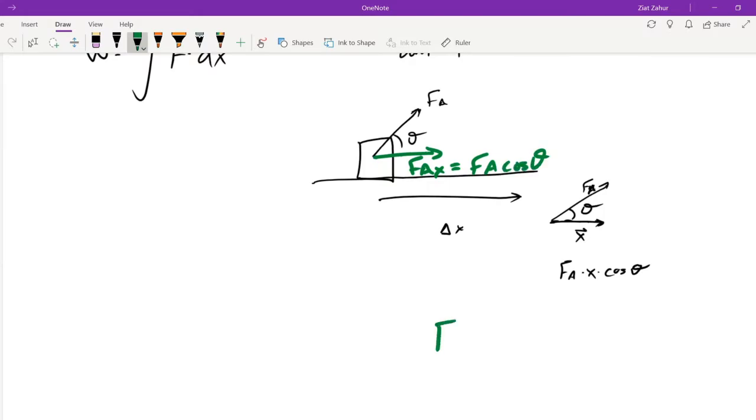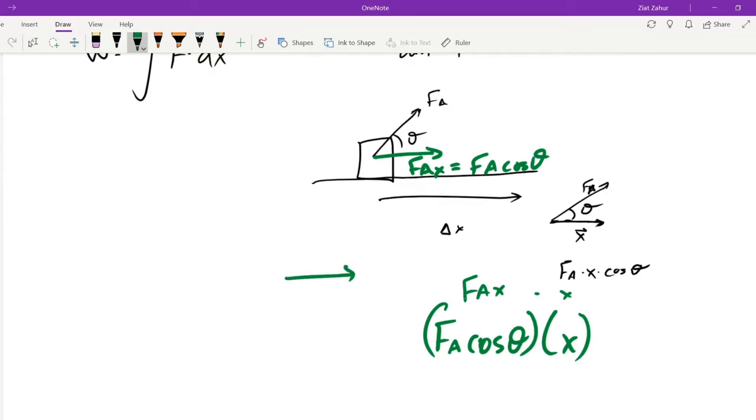So if I have a vector that is worth Fa cosine theta, and then my displacement vector is x, then the angle between Fax and x is how many degrees? Chat, how many degrees of separation do we have between Fax and x?